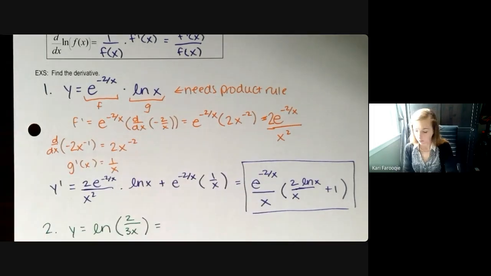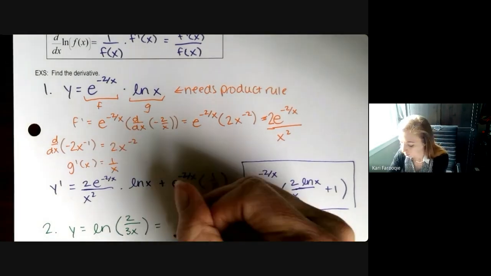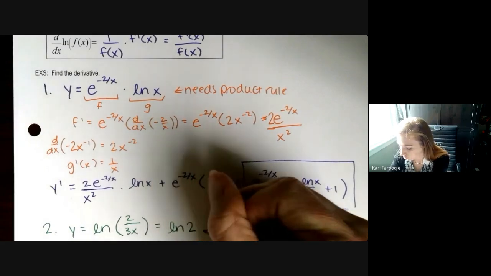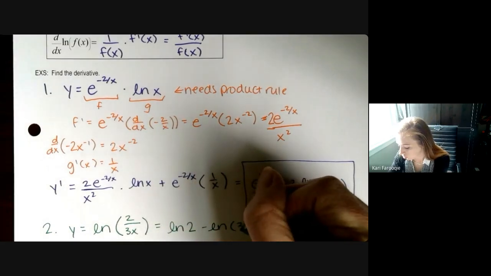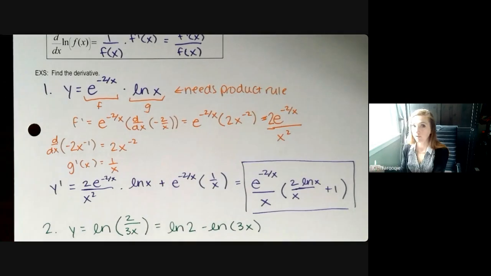And the way that we would rewrite it would be using that quotient rule for logarithms. So this is a rule that was presented to you in section 5.2. So you could write this as the natural log of 2 minus the natural log of 3x. And that's going to be a little bit easier to work with.